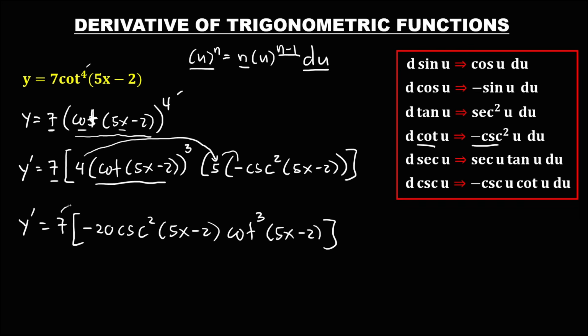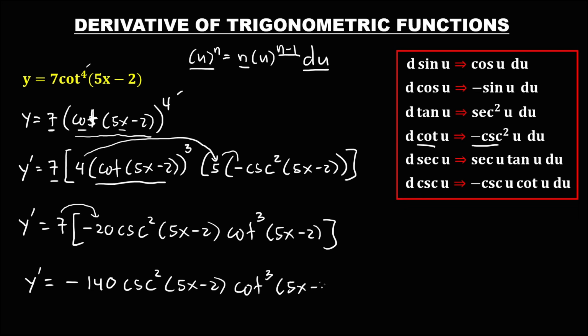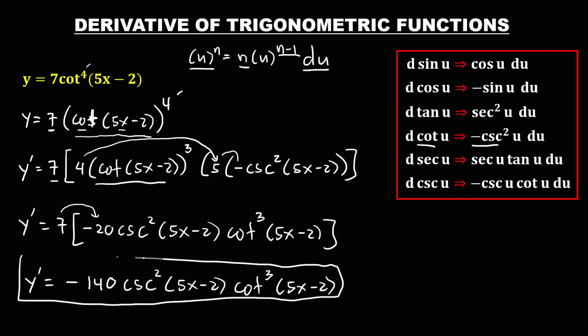Then multiply this 7 and negative 20, so y prime equals negative 140 cosecant squared 5x minus 2 times cotangent to the power 3, 5x minus 2. So this is now the derivative.